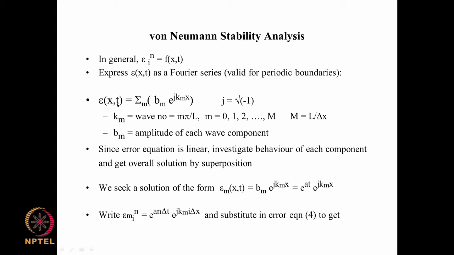So, we can express the error at any time t as sum over m of bm times exponential of j km x, where j is square root of minus 1.